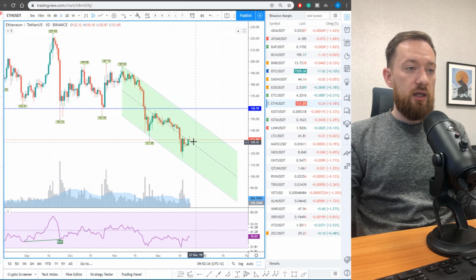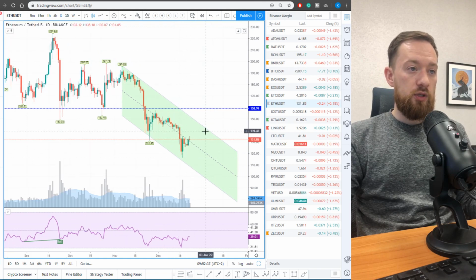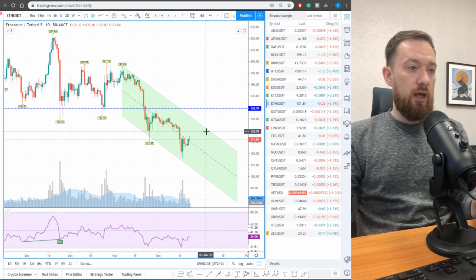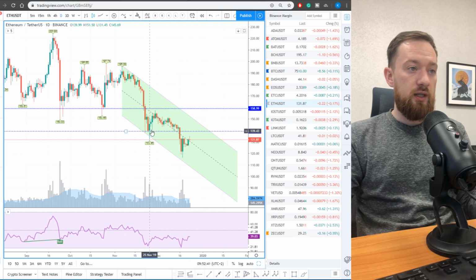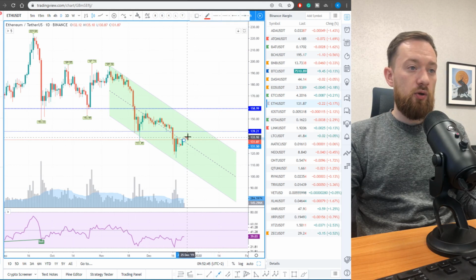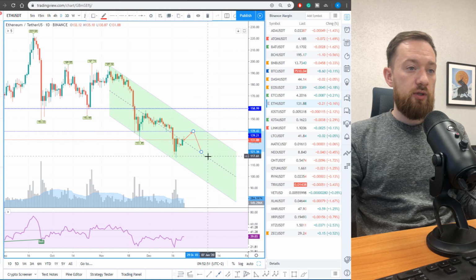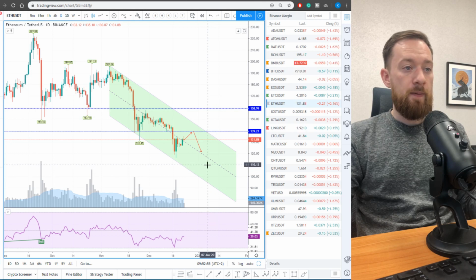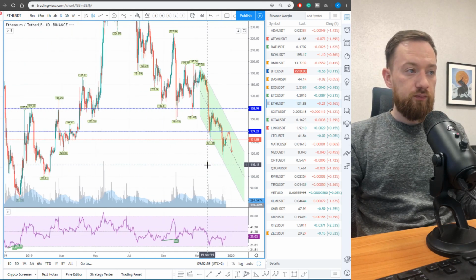We might see a short retracement back towards 140. This will act perfectly with the previous level of support, which became resistance, but in a longer time frame we should expect a further move down towards 120, maybe even further towards the 110 region.